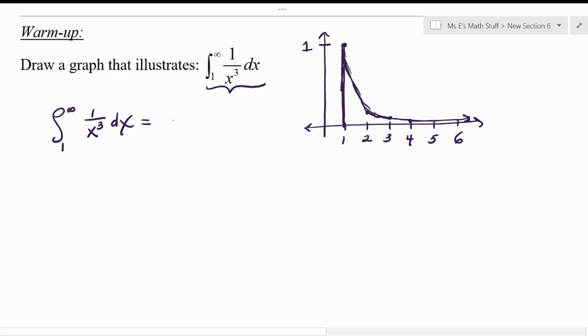The integral from 1 to infinity of 1 over x cubed, remember how to handle improper integrals, would be the limit as b approaches infinity of the integral from 1 to b of x to the negative 3 dx. And then we'll do the antiderivative. So add 1 to the exponent, we'd get x to the negative 2, divide by the result. I forgot my limit in front.